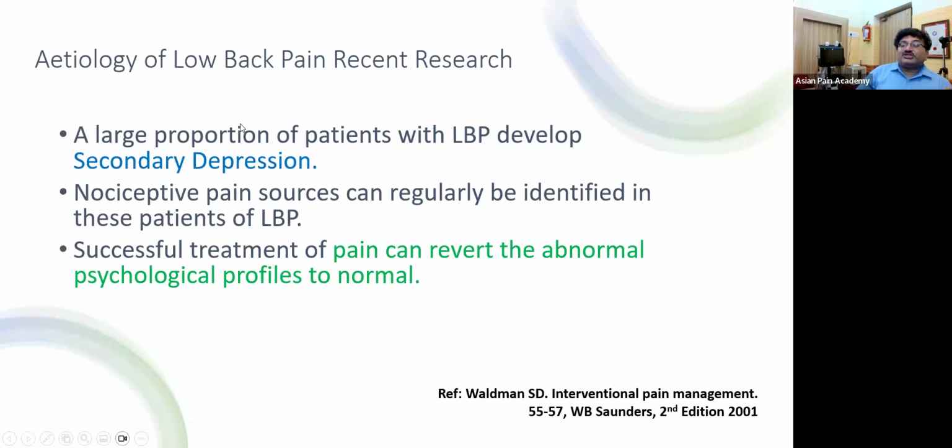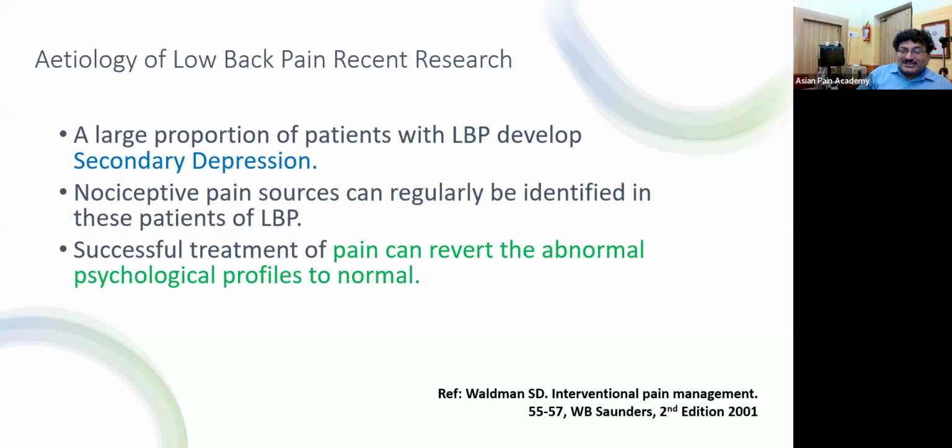More complicating to this problem, sometimes there are secondary depressions, but studies by Wildman have shown that even in those patients, nociceptive pain sources can be regularly identified with the help of interventional pain procedures targeted at the spine.